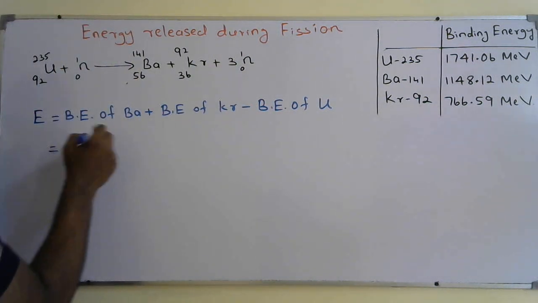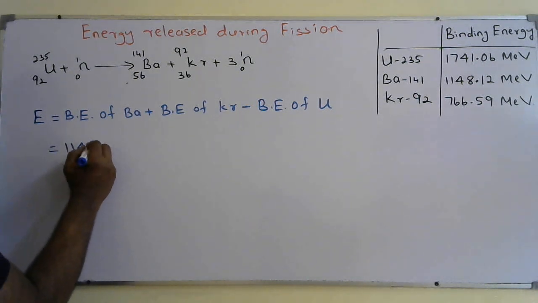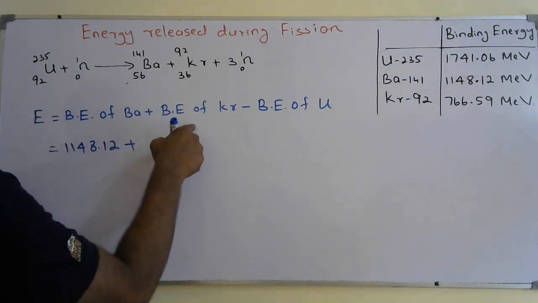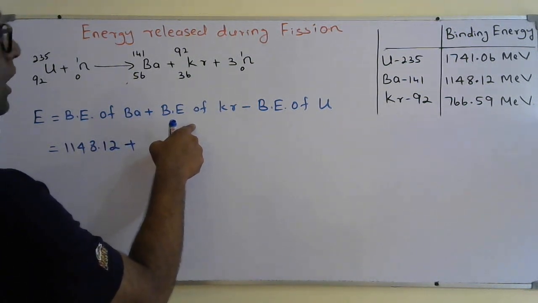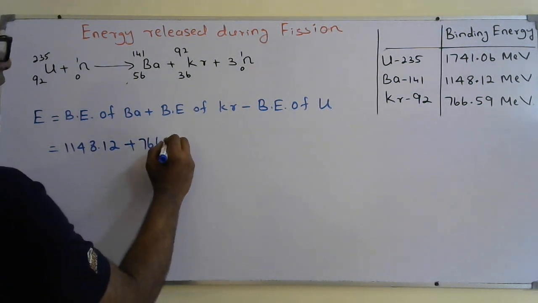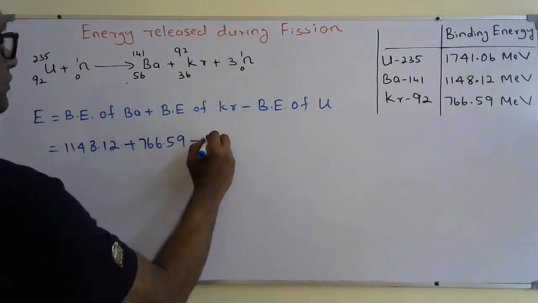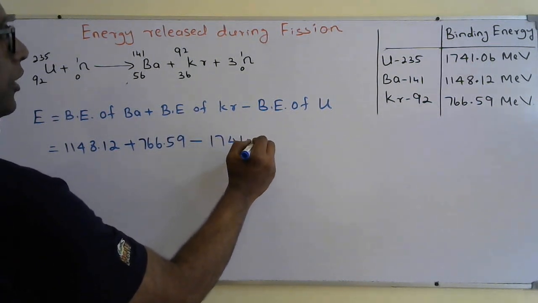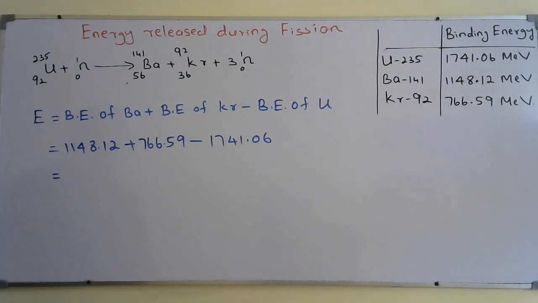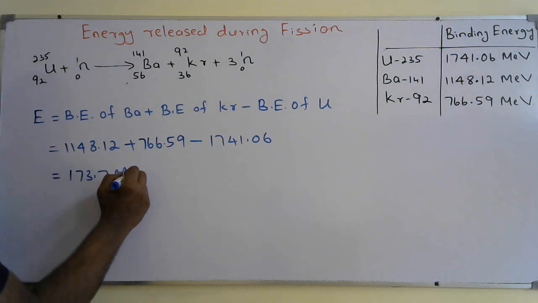Substitute here. Binding energy of barium is given as 1148.12, plus binding energy of krypton, that is 766.59, minus binding energy of uranium, 1741.06. Solve it. You will get 173.7 mega electron volt.